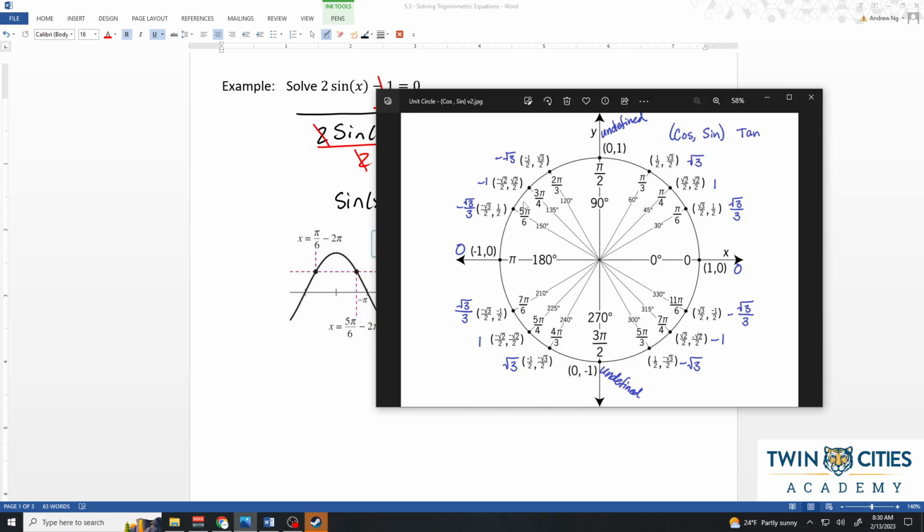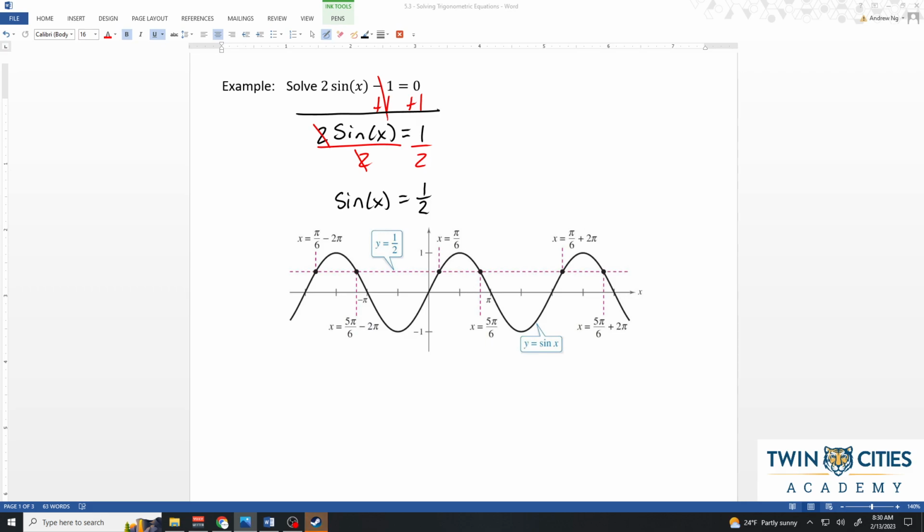So every time I go around 2 pi, pi over 6 plus 2 pi, pi over 6 plus 4 pi, pi over 6 plus 6 pi, I hit that spot again. So what this is really saying is I've got an infinite number of solutions here, every time I hit that spot going around that circle, or every time that wave comes up and then goes back down, hitting those spots.